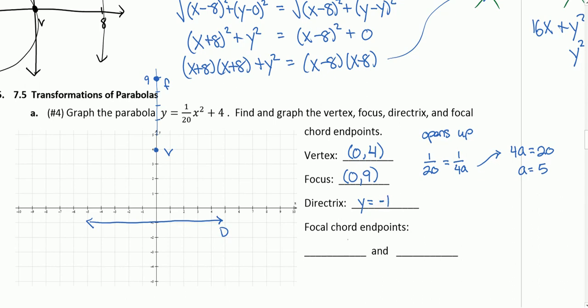Lastly, we want our focal chord endpoints. They're going to be lined up with the focus, and to find out how far from the focus they are, you take a and you double it. So 2 times a is 10. So we're going to go 10 to the right of the focus and 10 to the left of the focus. So if I go 10 to the right of the focus, I'm at 10, 9.